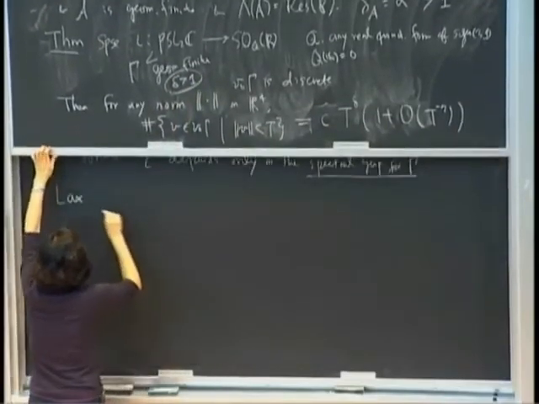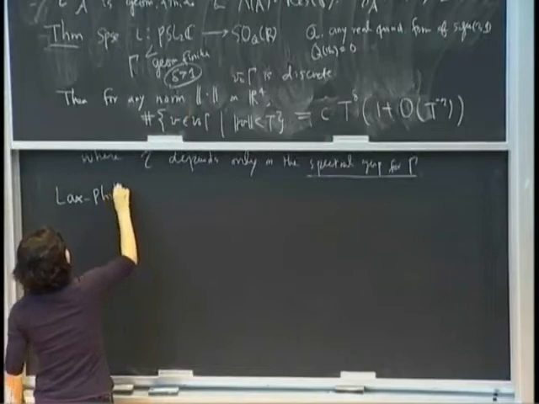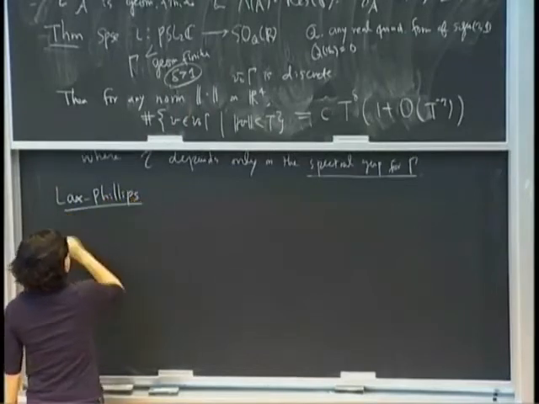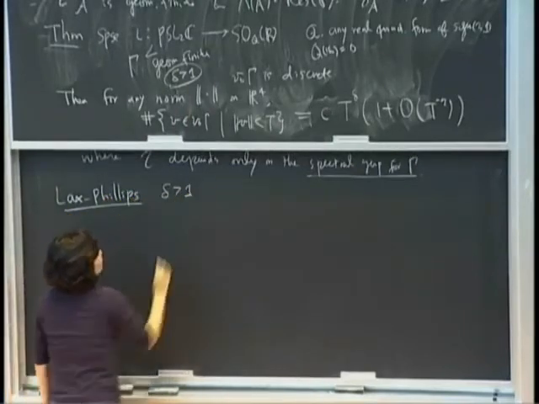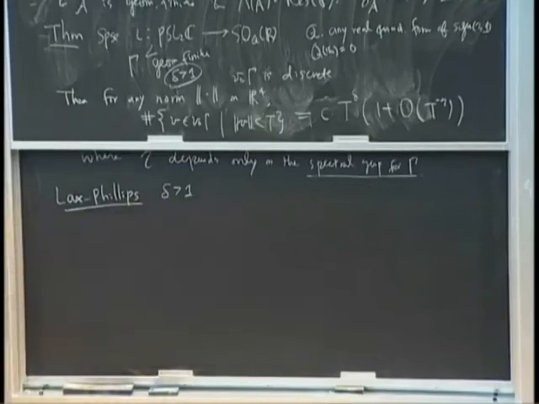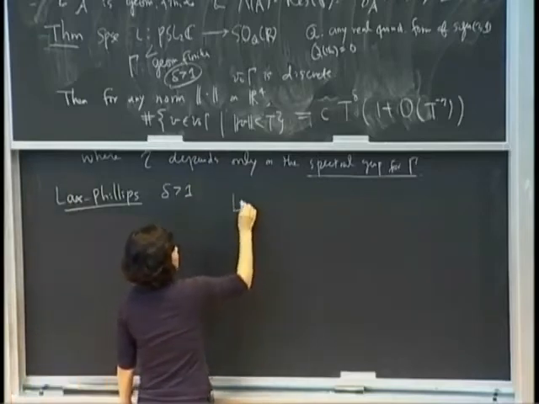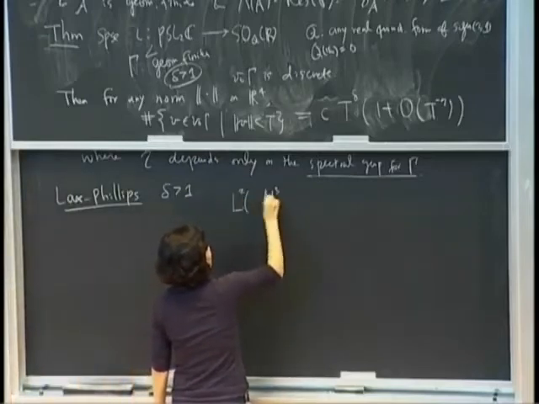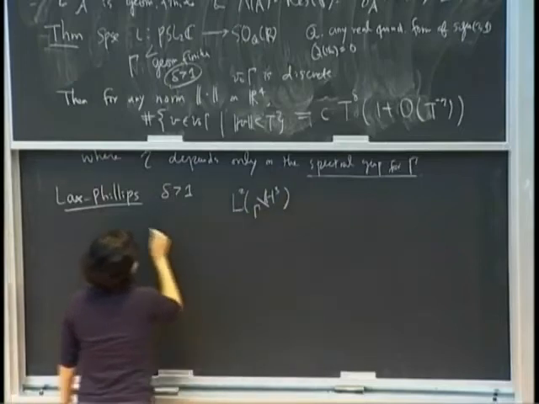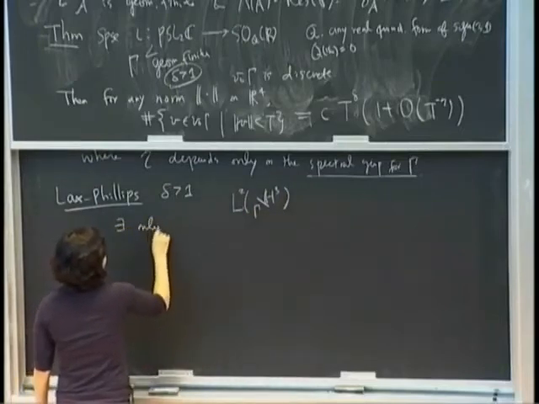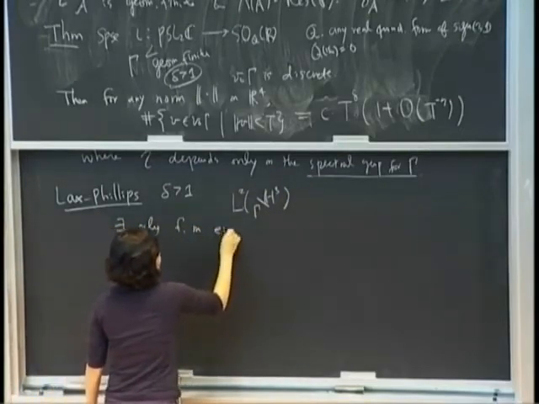So when delta is bigger than 1, Lax and Phillips proved the following. Here I use delta bigger than 1, also gamma geometrically finite. In this case, if you look at the Laplace spectrum on L2 of H3 over gamma, then there are only finitely many eigenvalues of the Laplace operator.